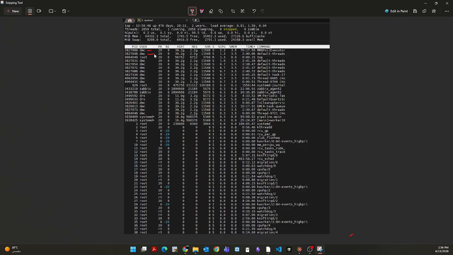Every time I see DMC, the shared library is the same. Those two, and those, and those. So those are included here in the resident memory. That's why you see the same value repeated again and again.